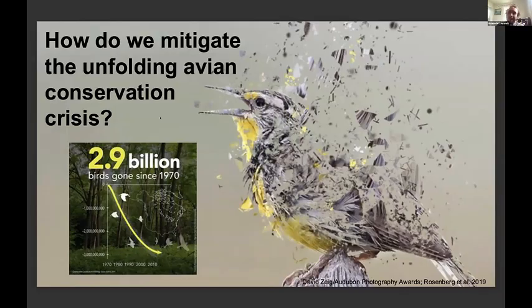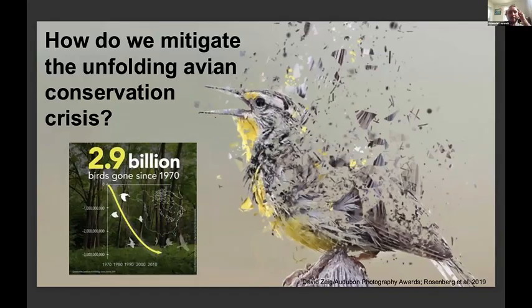And this is affecting a lot of different species, including some of the ones that we think of as the most common and widespread. For example, red-winged blackbirds and juncos and white-throated sparrows have all dropped. Their populations have dropped by tens of millions of birds, which is pretty scary.